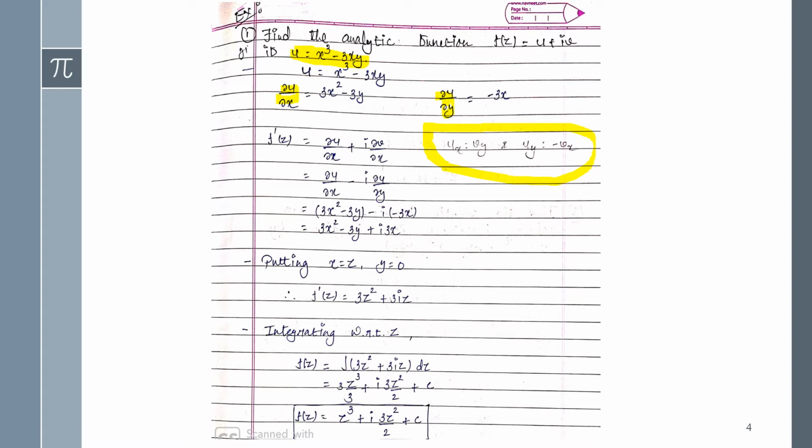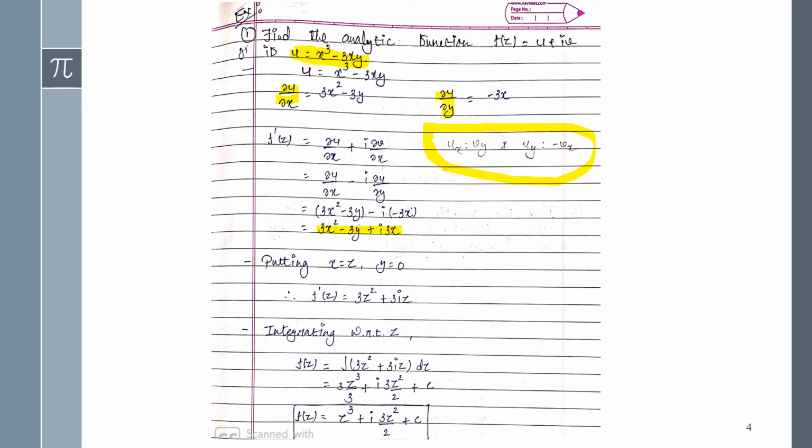Here I have used CR equations, so by using CR equations it will be del u by del x minus i del u by del y. Now you have the values of both components, so I'm just putting in the values and simplifying, and you will get this term.